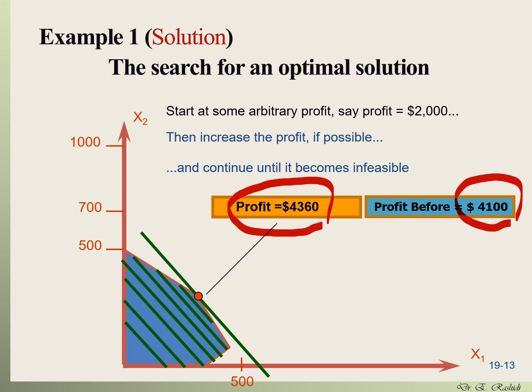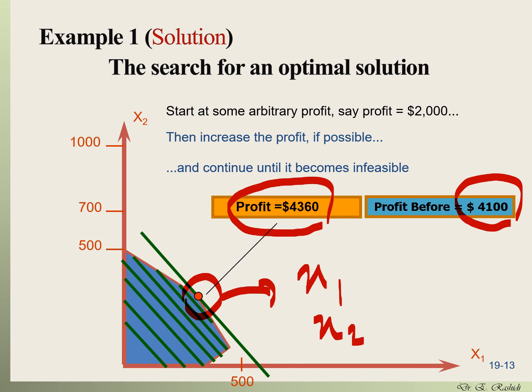Not only that, this profit is the maximum possible profit that this company can make, given the problem setup that we have here. Based on this point, you can find the x1 and x2 values that would render $4,360 of profit, and that would be our optimal production plan.